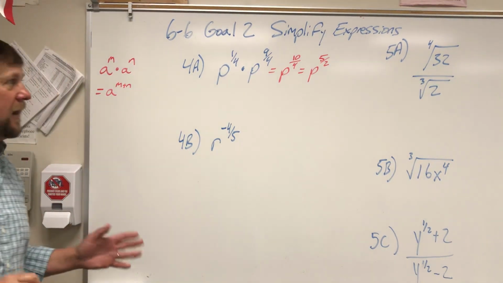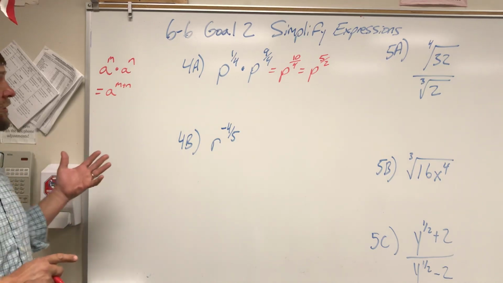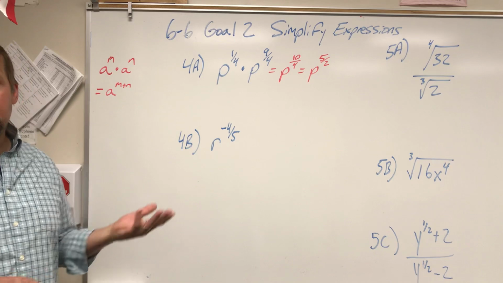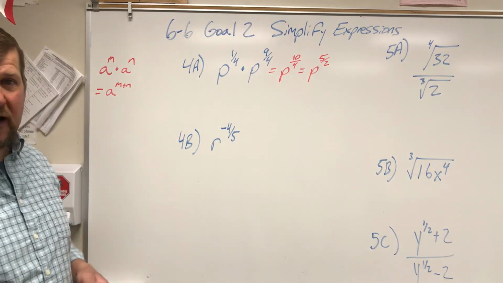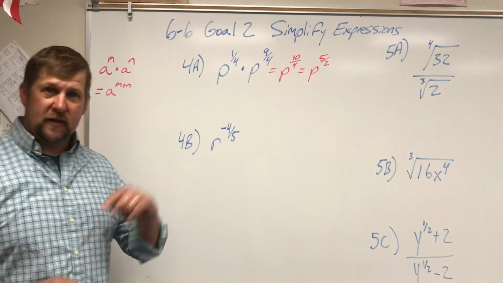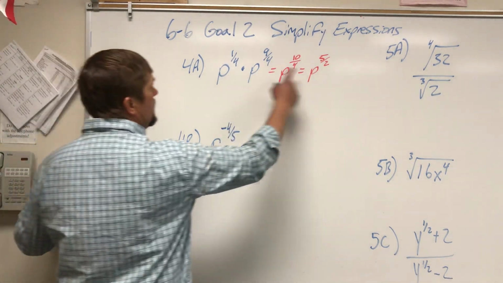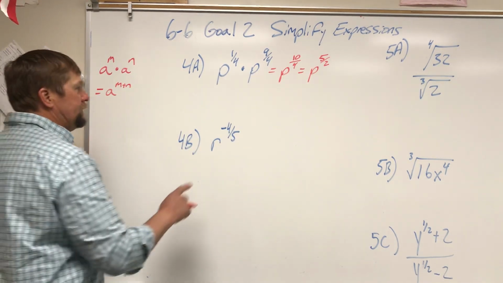The rule of thumb is that when you're working with rational exponents, you can leave the answer in rational exponents. If you're working with radicals, you should put your answer in radical form. Doesn't mean you can't translate from one to the other in between. So here we didn't have to go to radicals. We just left it as a rational exponent.